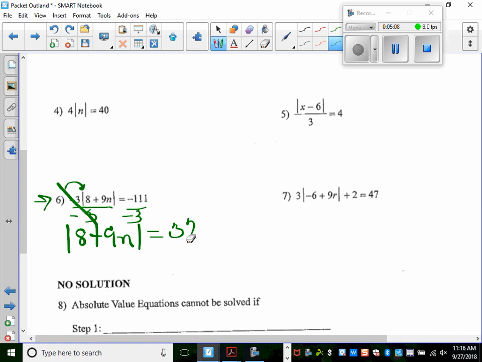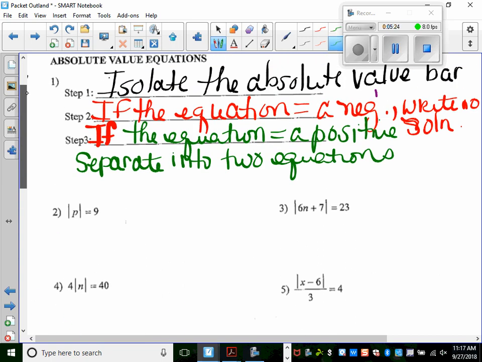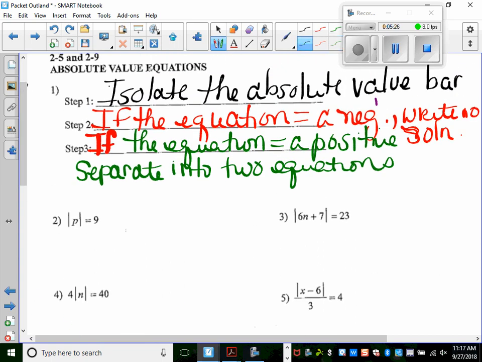All right. So I jump all the way down to step 3 because it did not come out to be a negative number. It becomes a positive number after I've isolated. So now I'm going to separate it into 2 equations. Now up here in step 3, please also write drop the bars.